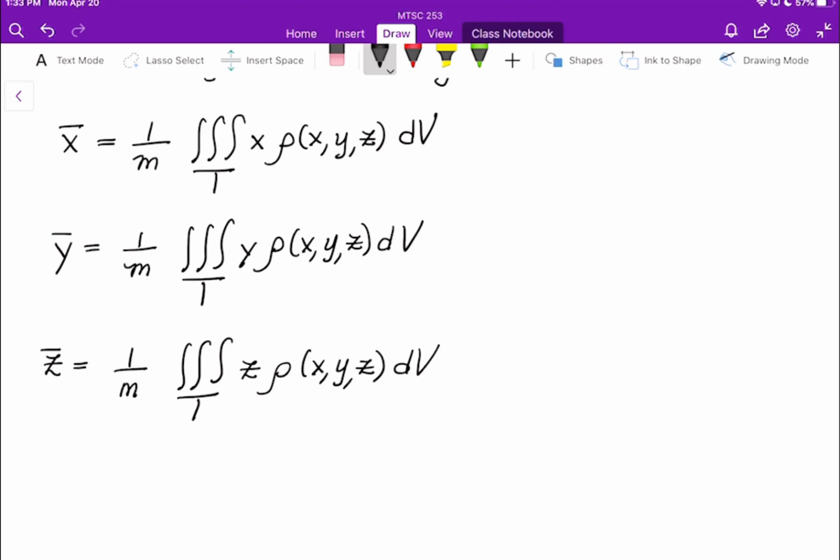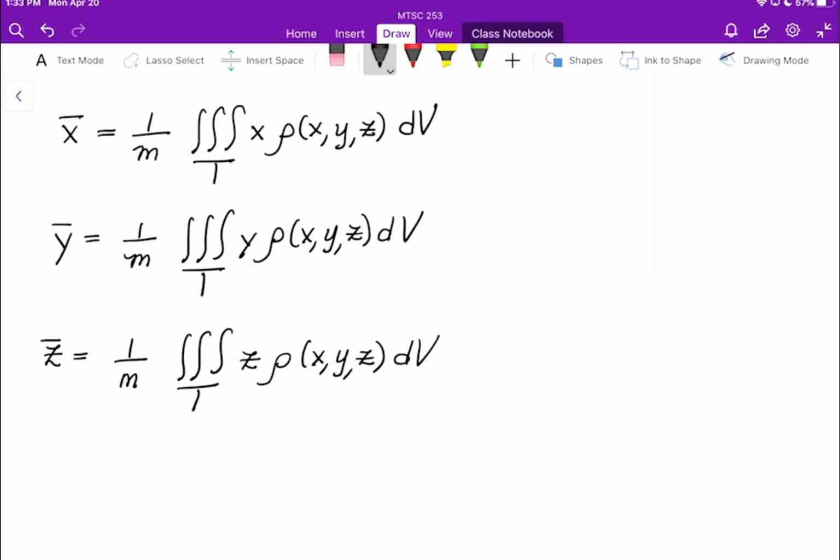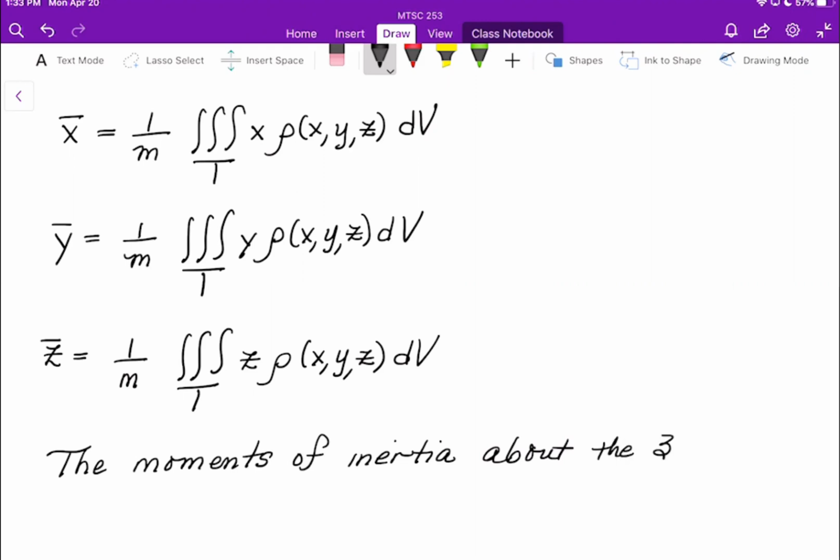And so now we can define the moments of inertia about the three coordinate axes.